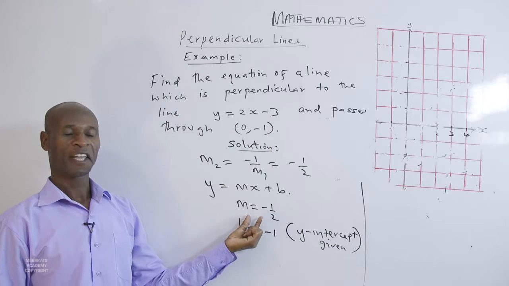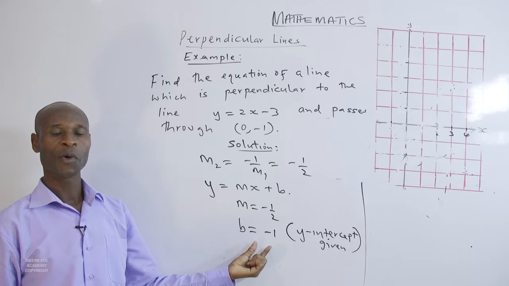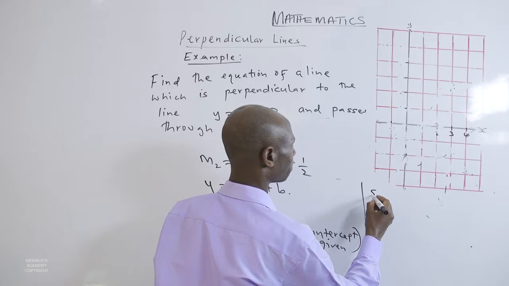So once we have the gradient -1/2 and the y-intercept as -1, we substitute in the general equation of a straight line.